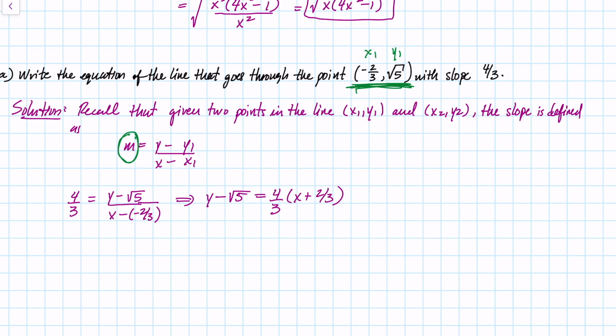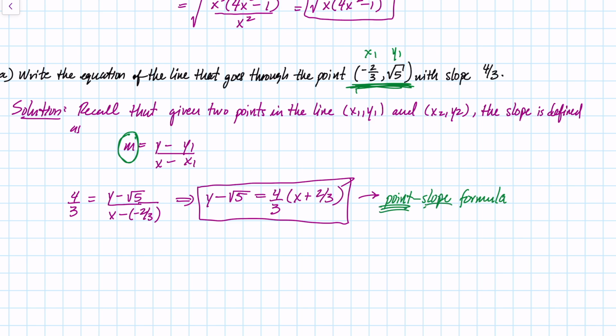Okay, and you can leave your solution like this. So this kind of expression is known as the point-slope formula. And the reason it is known this way is because you're given a point and you're given a slope.